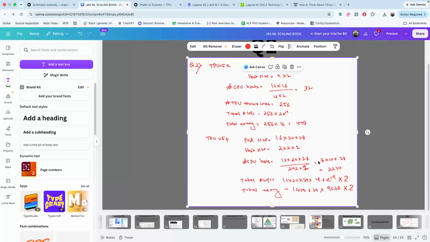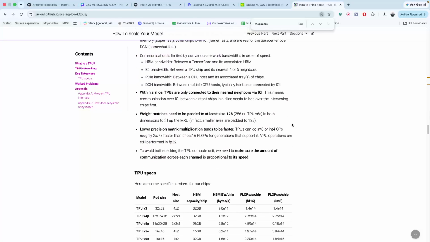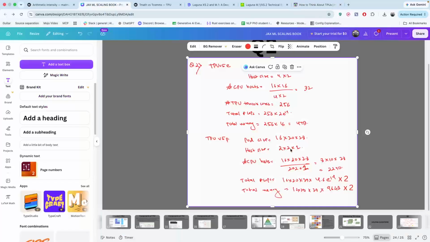So we need to multiply, as this is our total pod size. And if I go here, we were looking at the flops, which is 4.6 × 10^14. So we have that value here.